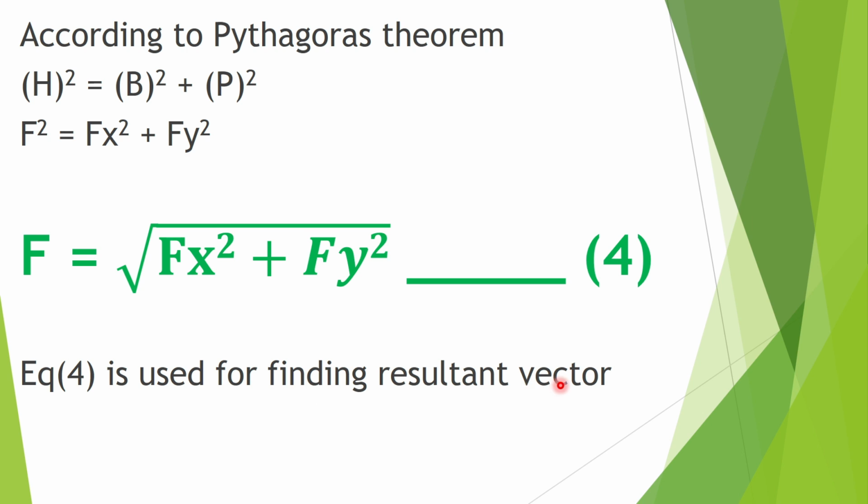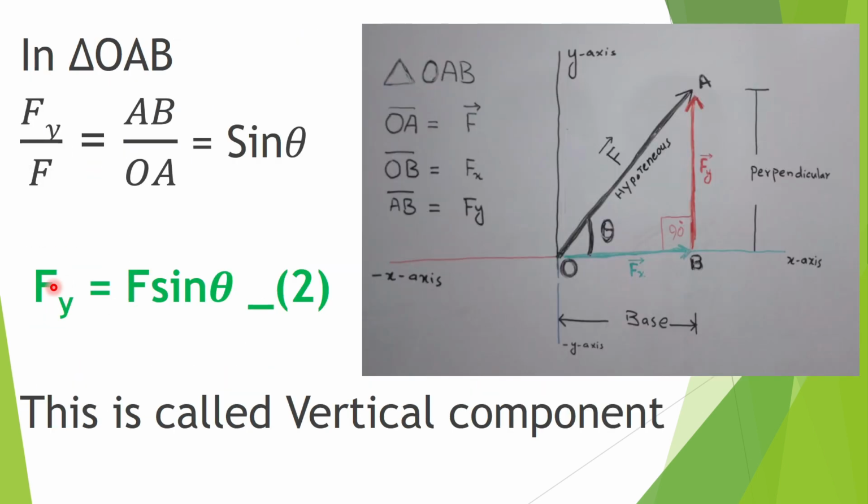F is your resultant vector. If you know about the head to tail rule, look over here, this is your first vector and this is your second vector, which are added.